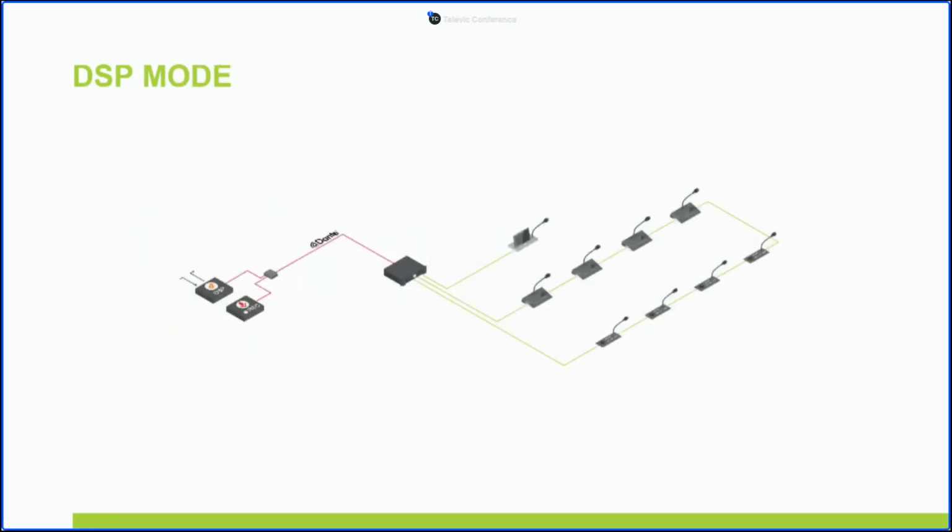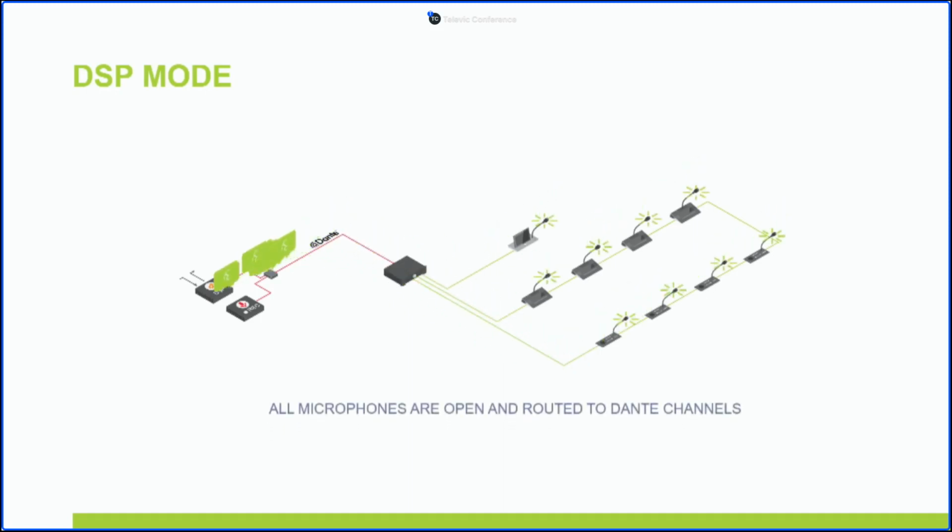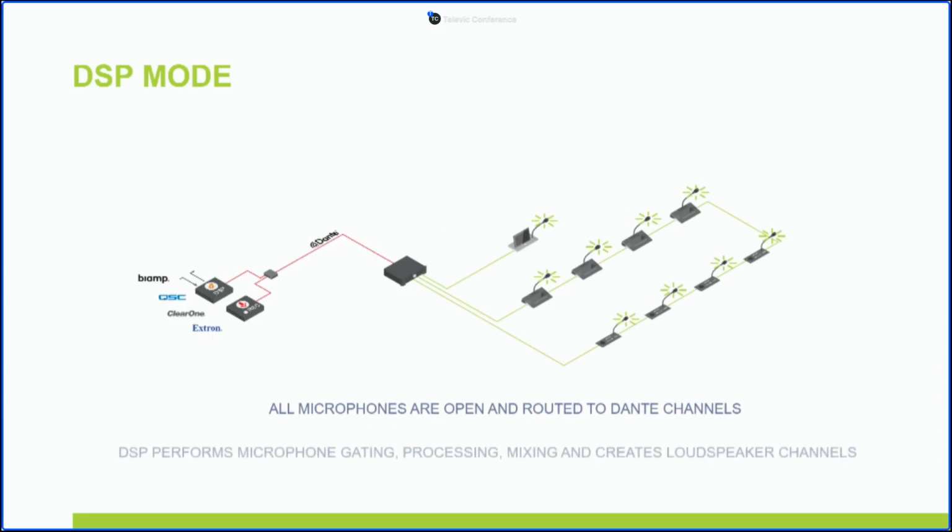So maybe just to explain in this overview, if you activate DSP mode with one click of a button, what will happen? Well, all the microphones will become all open. They will be all routed on predefined Dante channels. You can use them in a DSP, of course.